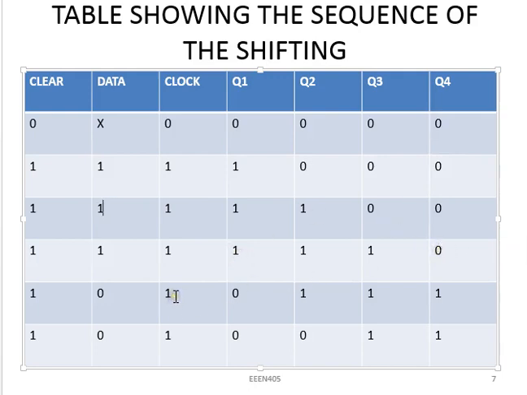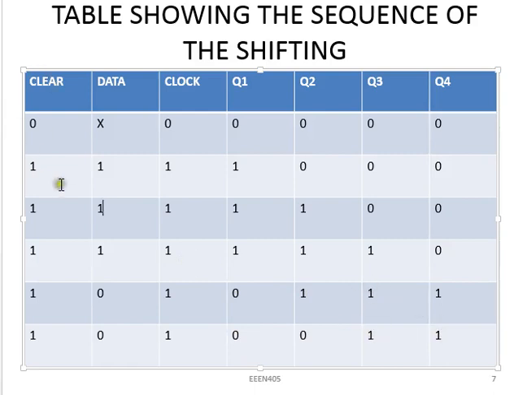And if you deliver another 1, this 0 should go and replace this 1 here, while this one should move here, this one should move here, and this one should move here. So you can see that it is shifting in the right direction. And if you deliver another 1, what will happen is that another 0 should go and displace this and occupy its place, while this one should move to this place, this one should move to this place, and this one should move to this place.